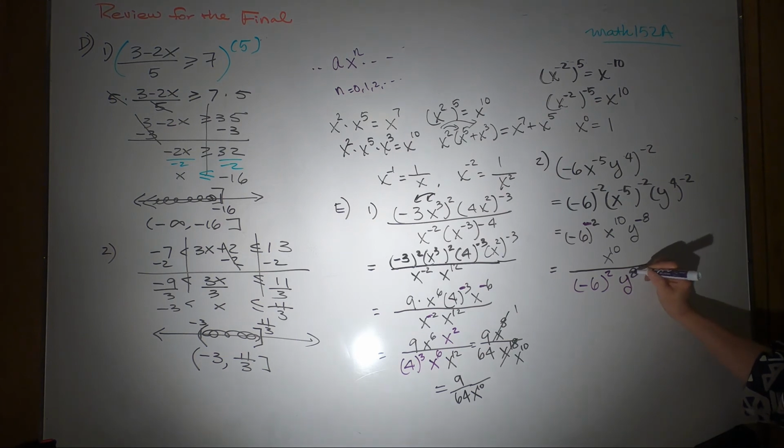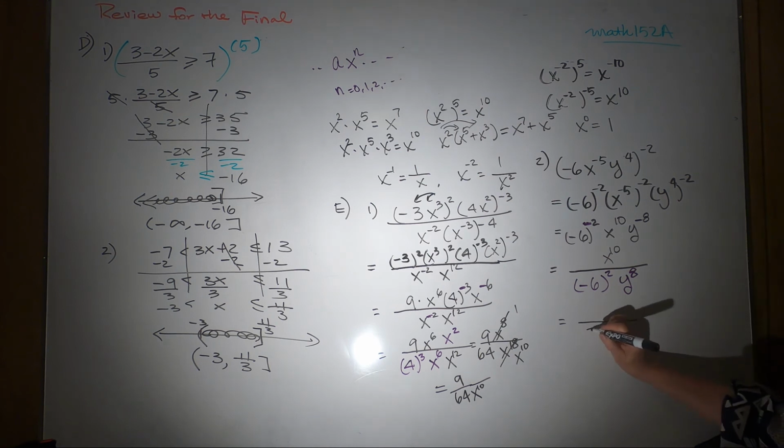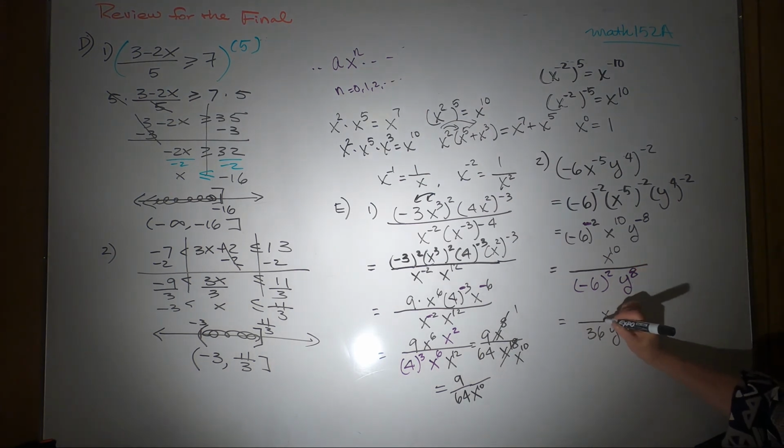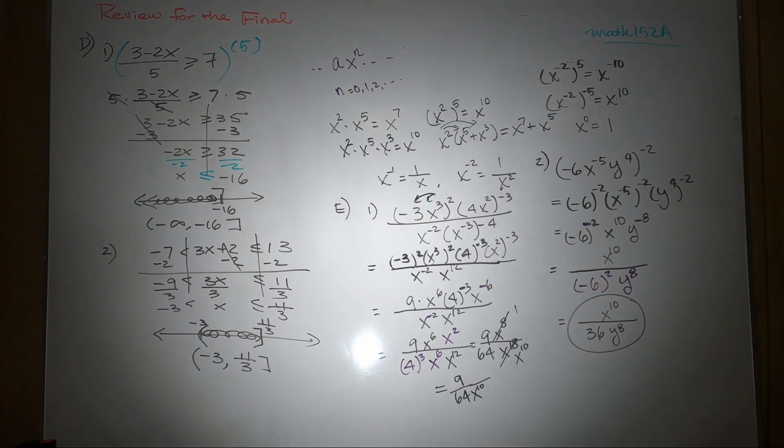Once you flip, it becomes a positive power, right? Then we can simplify our numbers as well. So negative 6 squared is 36, y to the 8th, over x to the 10th power. So that would be your answer in simplest form, right?